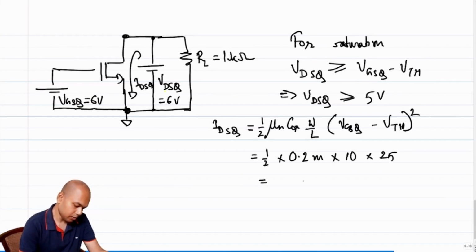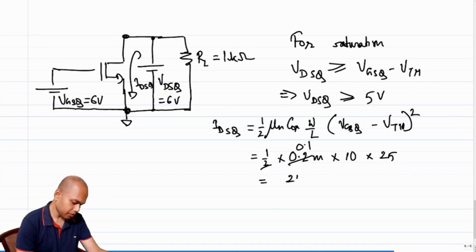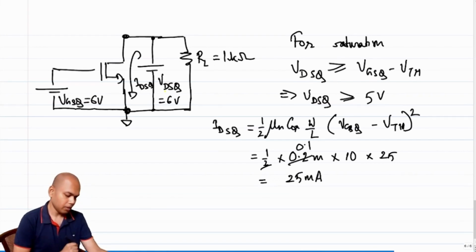So this becomes 0.1 milli times 25, which is 25 milliamps. So IDSQ is 25 milliamps.